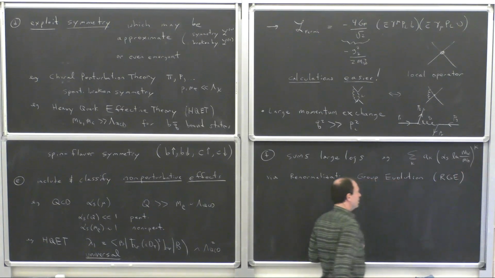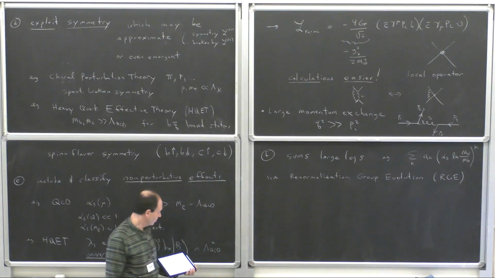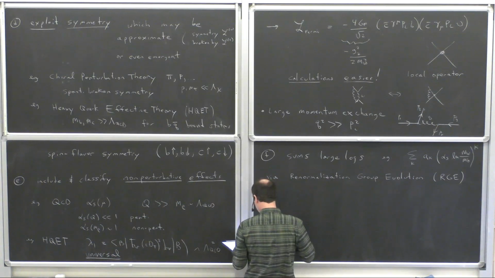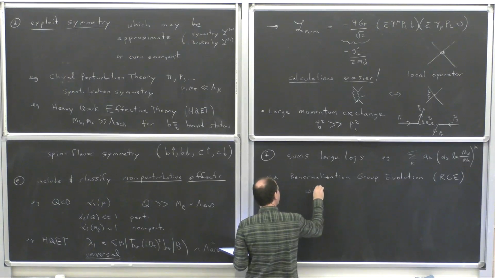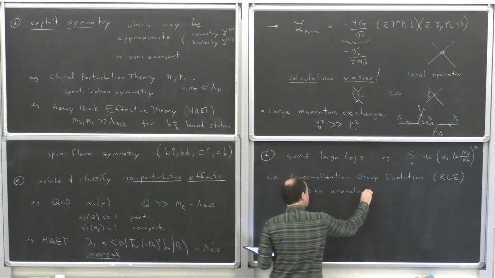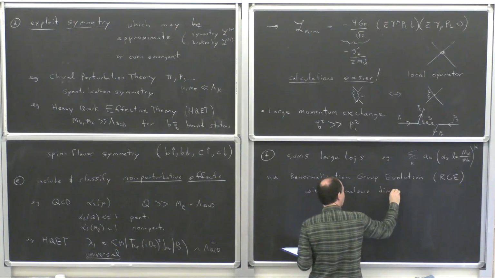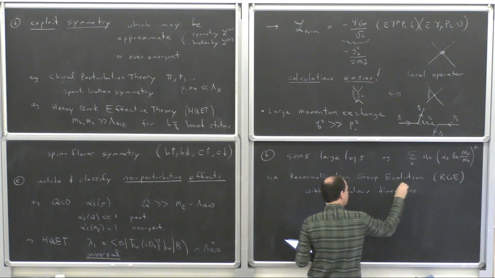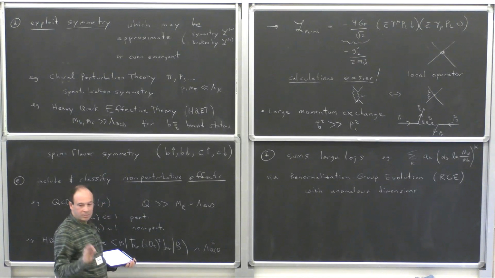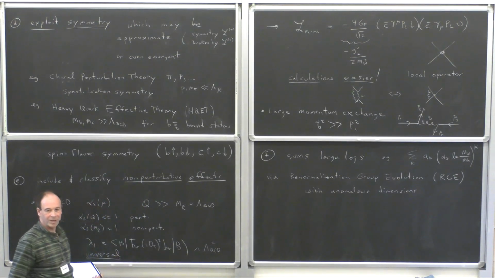Sometimes we abbreviate this by RGE for renormalization group equations, or renormalization group evolution. And the thing you need to calculate are what's called anomalous dimensions. These are analogs of the beta function in QCD, but generalized to your EFT. And I'll talk about examples of this, so I'm just mentioning some words here.